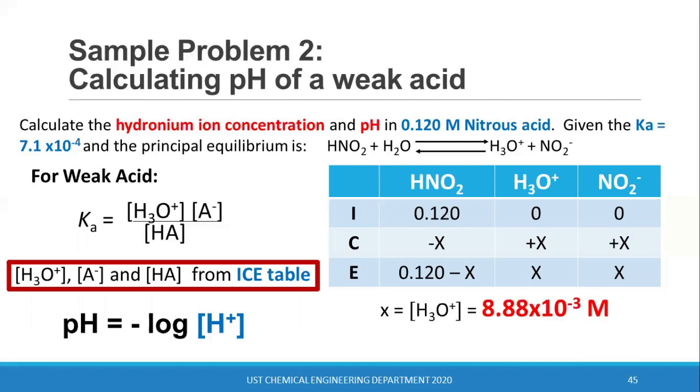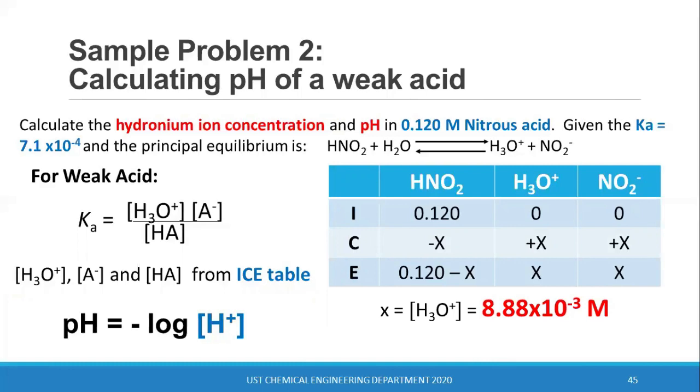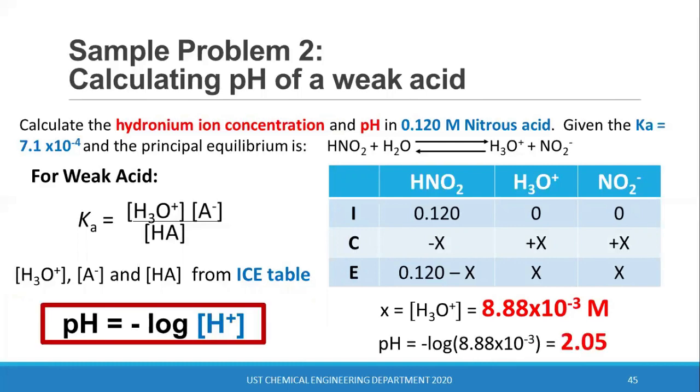Solving for x will give us 8.88 times 10 to the negative 3 molar. Based on the ICE table, this is also the hydrogen ion concentration. Substituting this to the formula for pH will give us 2.05. Now, we have completely solved sample problem 2.